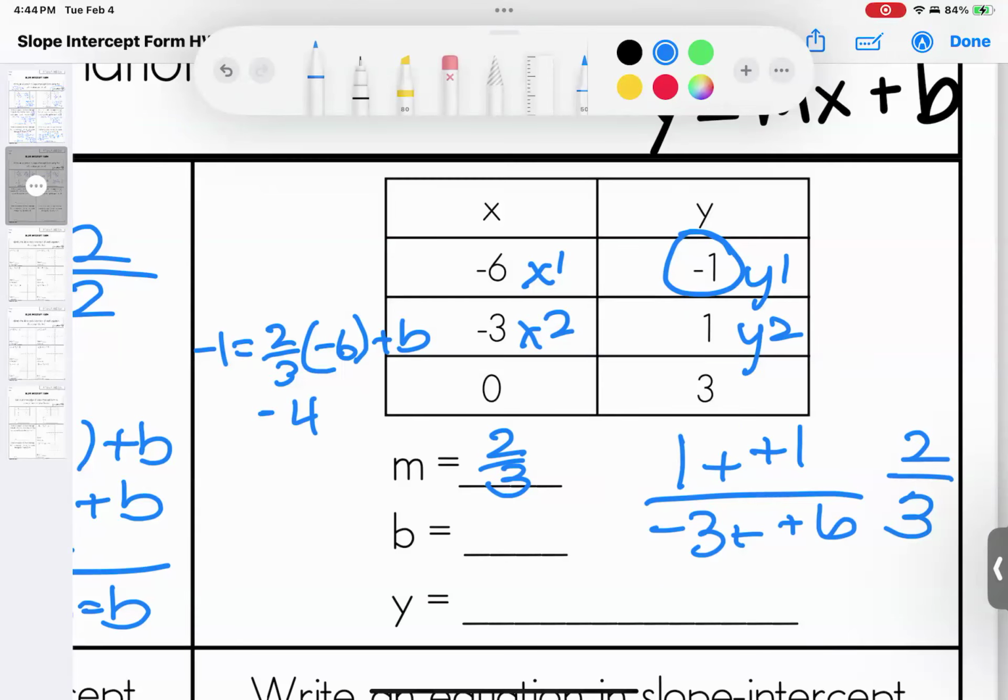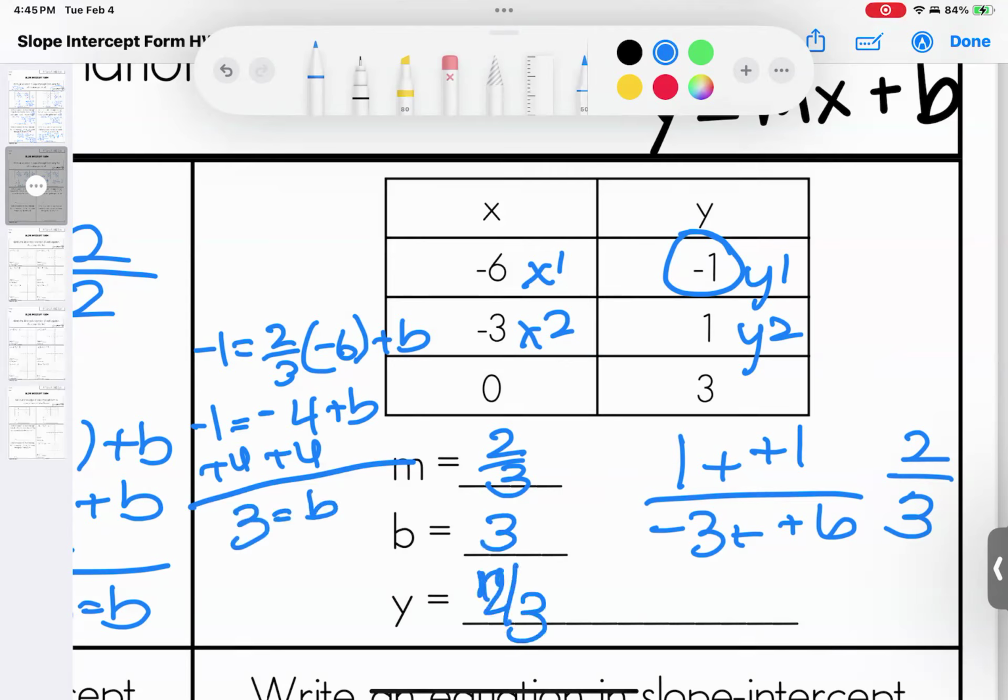If you're stuck on that, 6 divided by 3 is 2. If I have 2 of those groups, I have 4. So just does my answer make sense moment? 4 plus -1 is 3 is equal to b. Y equals, oh my goodness, my hand's not agreeing, mx plus b. Let me make that look more like a 2.